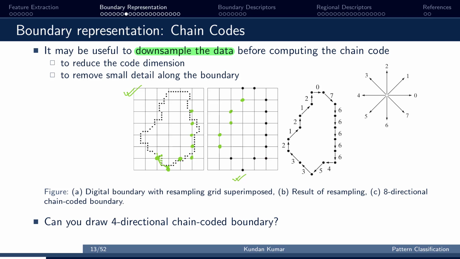And it is done to reduce the dimension of the code. That means fewer numbers will be used in the code, so the dimension of the chain code will be reduced.